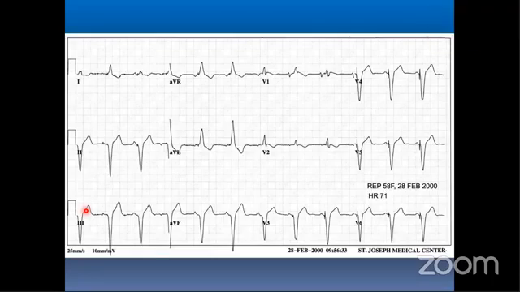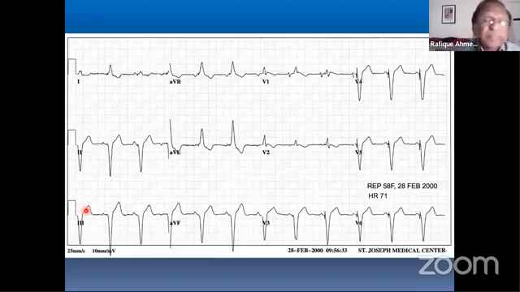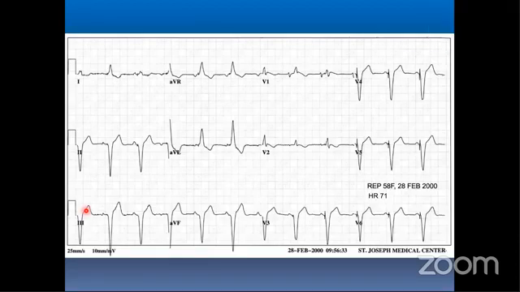Yes, sir. Keep it simple. There is nothing but heart rate 71. Yes, sir. 12-lead ECG, calibrated and at normal range. And in this, the P wave is coming in lead one.